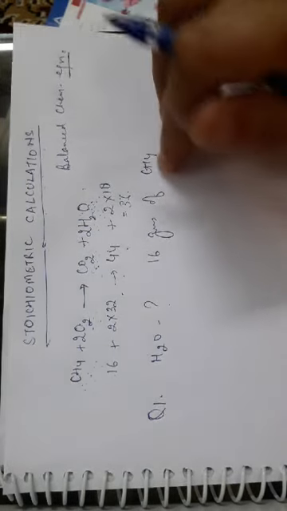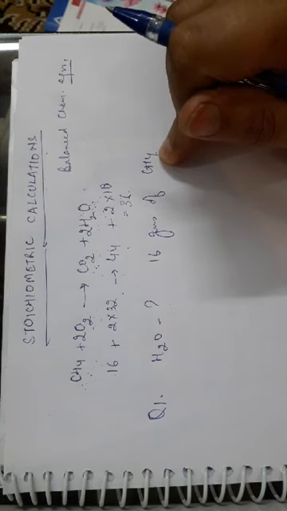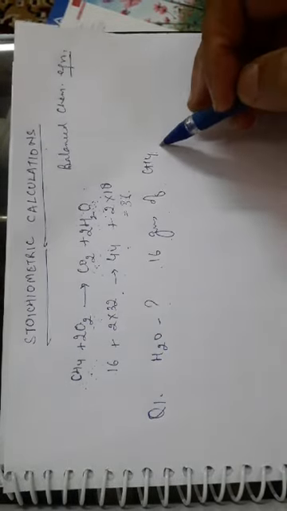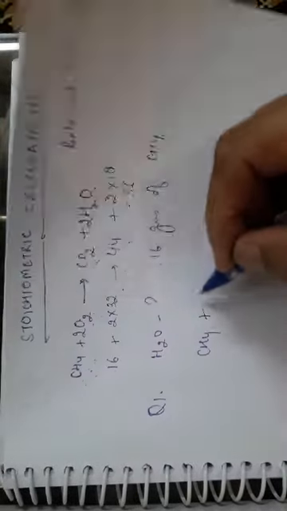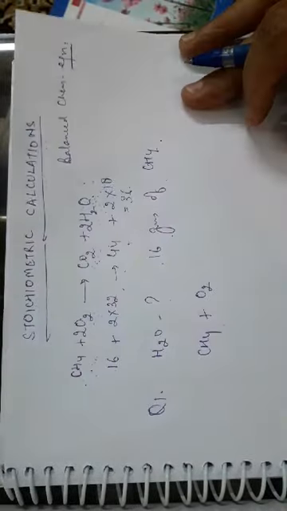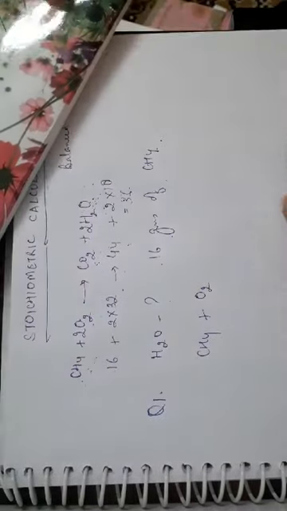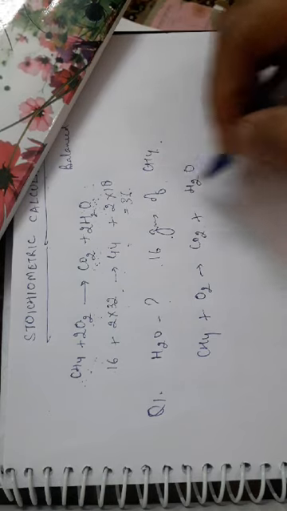Now, for any question to be solved, we should know the basic balanced chemical equation of the reaction. By the combustion of 16 grams of methane means the reaction is the same. Methane is undergoing combustion to give carbon dioxide and water.